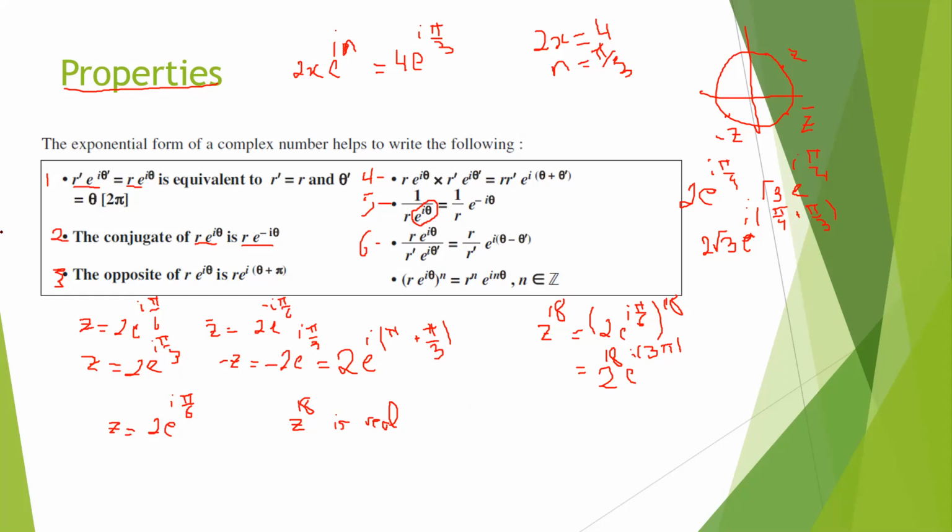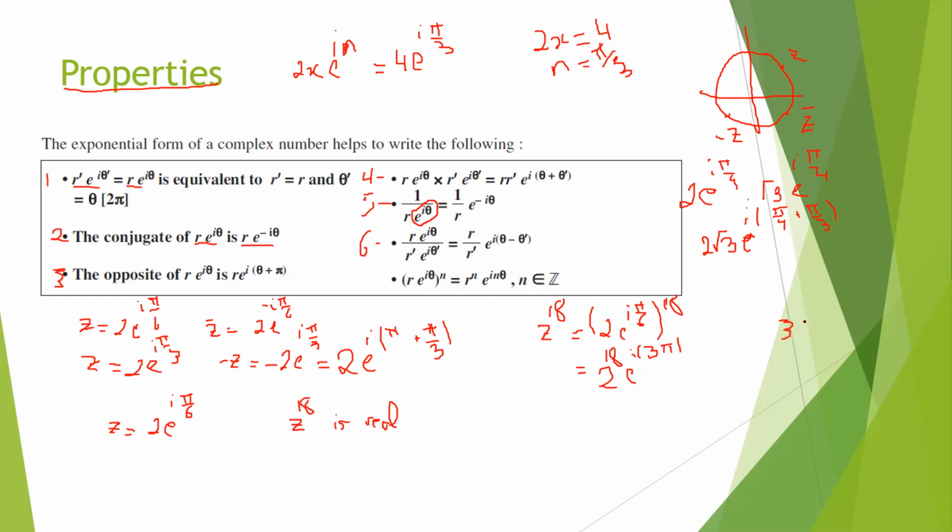3 pi is the same as what? What is 3 pi? It is the third quadrant. How do we write 3 pi?